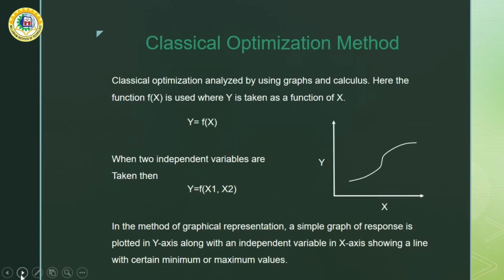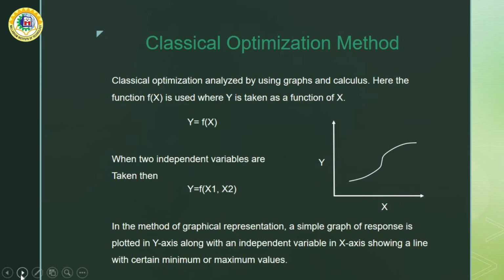In the past, classical optimization methods were used to solve the problem, and it is analyzed by using graph and calculus. Here we see that y is a function of x, where x is a single independent variable. Now if the function is represented in two variables, then we can write y equal to a function of x1 and x2.